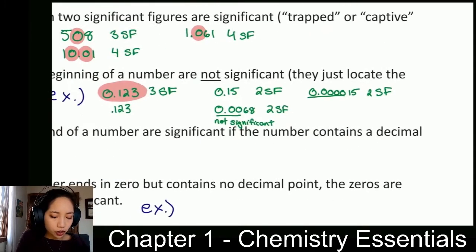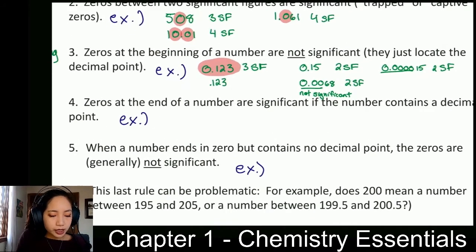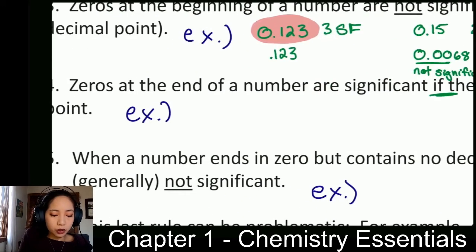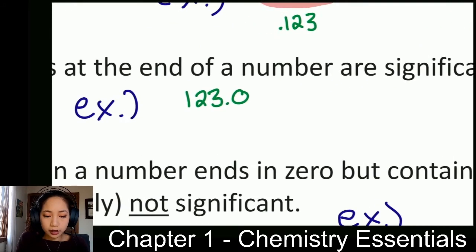Okay, let's look on to the next rule. Again, looking at zeros. So our fourth rule, zeros at the end of the number are significant only if that number contains a decimal point. So I'll give you an example. So if we have the number 123.0, all right? 123 without the point 0 has 3 sig figs because it's all non-zero digits.